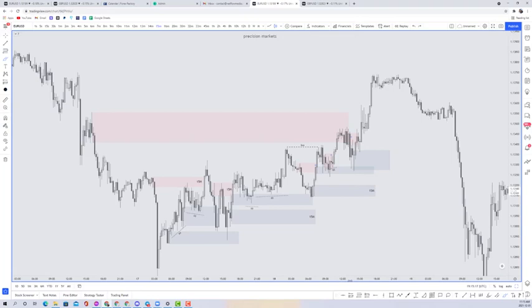And a lot of times I'll stay out of the 4Rs and the 3Rs. If there isn't enough distance between me and the higher time frame supply to at least break even, I don't want to get involved. And I know some of the trades I've gotten sent to me in the DMs, there's people buying in here, and I'm not saying it won't work for you. There will be times where it will, but more often than not, you want to be able to go up and break even.